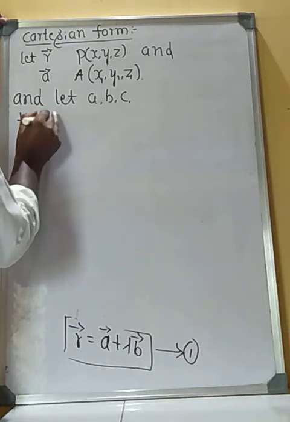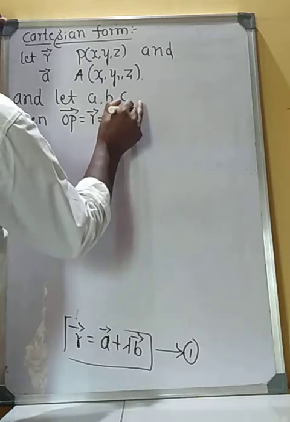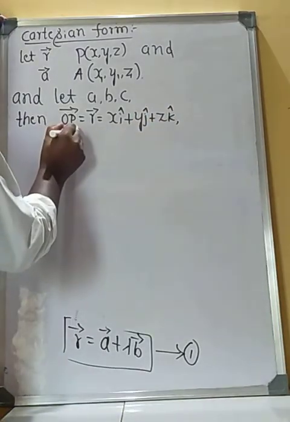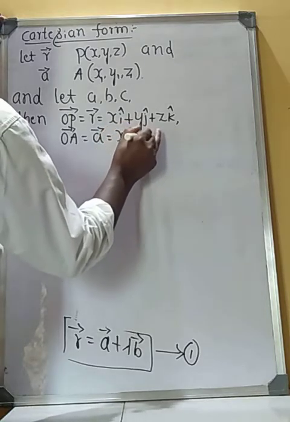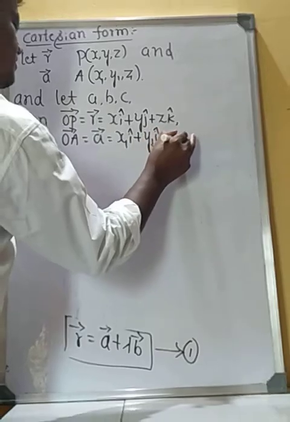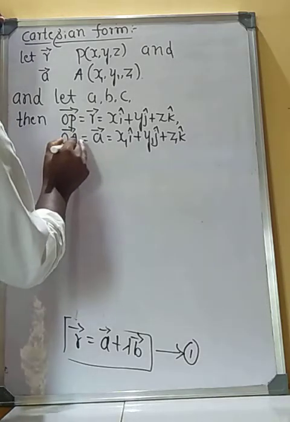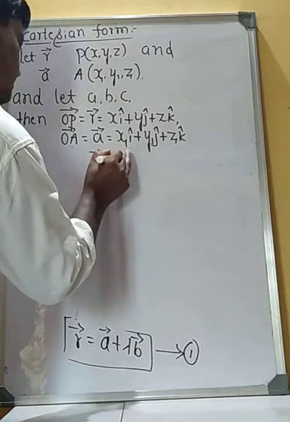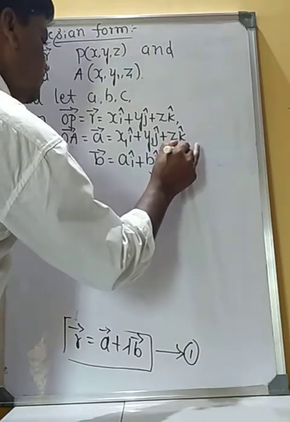Then vector OP, that is vector R, is equal to xi plus yj plus zk, and vector OA, that is vector A, is equal to x1 i plus y1 j plus z1 k, and vector B, the direction ratios vector, is equal to ai plus bj plus ck.